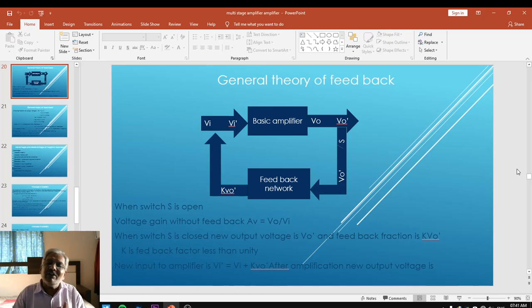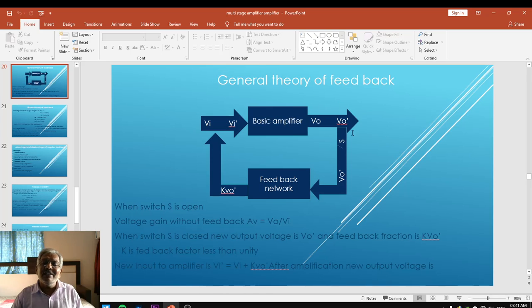We have studied the meaning and role of each block. Friends, in this period, we are going to see some general aspects associated with feedback under the title General Theory of Feedback.